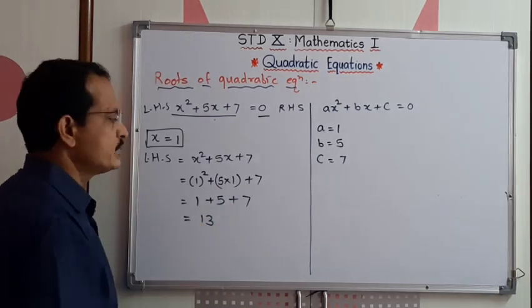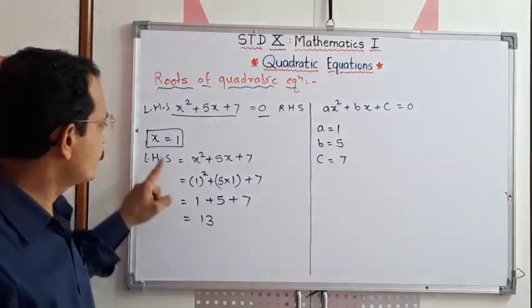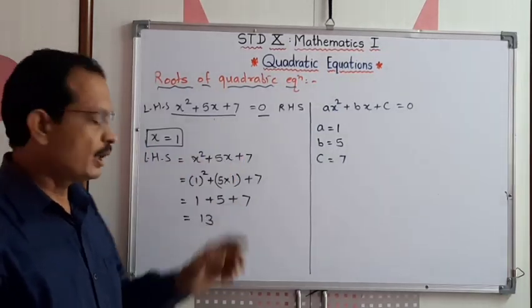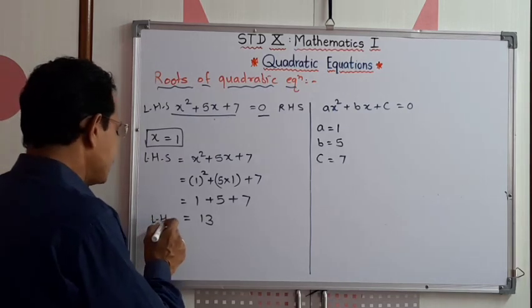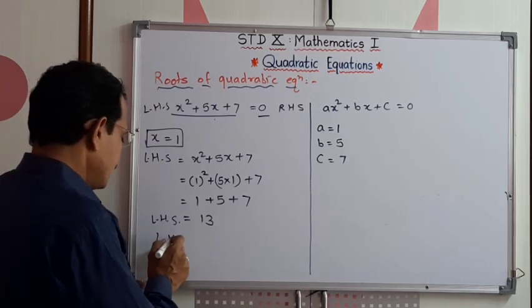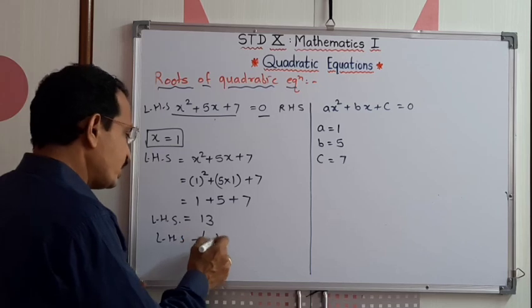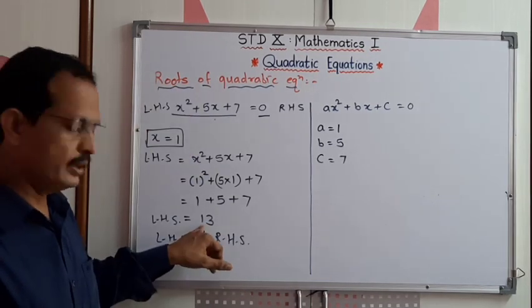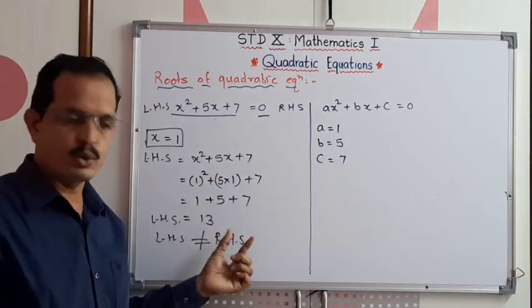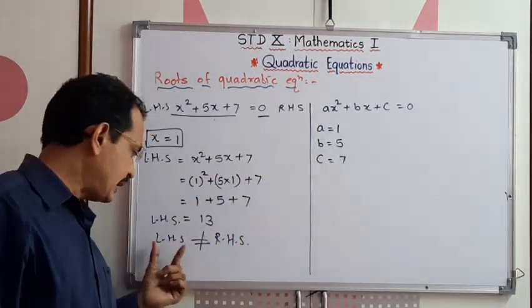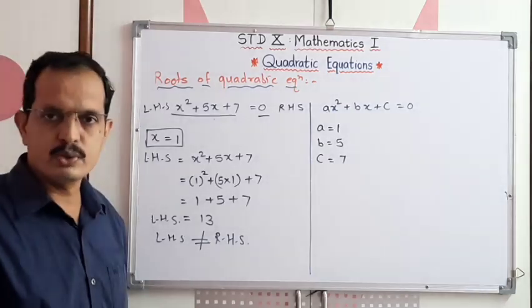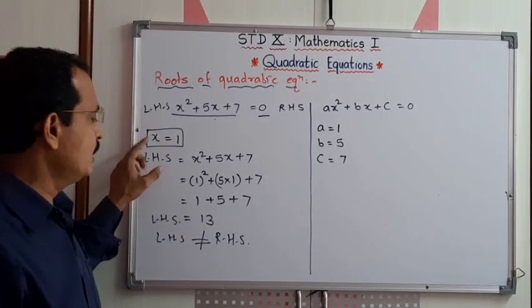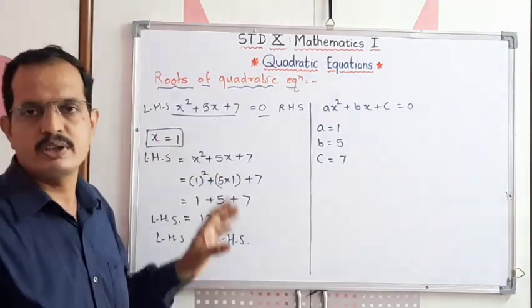Now here it is 13. Now see, when we substitute x is equal to 1 in the LHS of the given equation, our answer is 13. That means LHS is not equal to RHS, because LHS is 13 but RHS is 0. They are not equal. Therefore this value of variable does not satisfy the given equation.